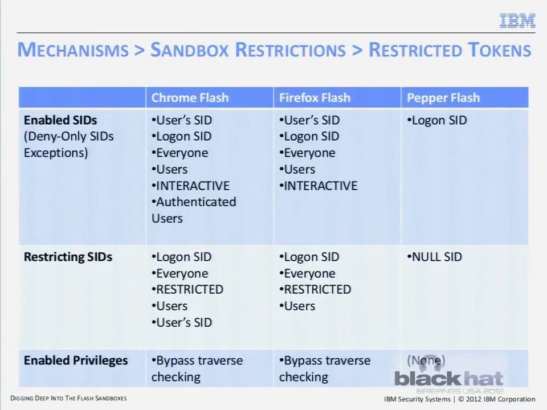For Chrome Flash and Firefox Flash, the restricted token can still access resources accessible to the Everyone and Users groups. In addition, in Chrome Flash, the restricted token can still access resources accessible by the user SID. This means that the restricted token can still access private user files located in the user's documents folder.